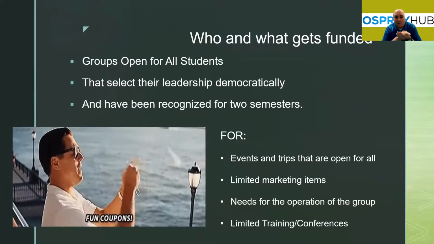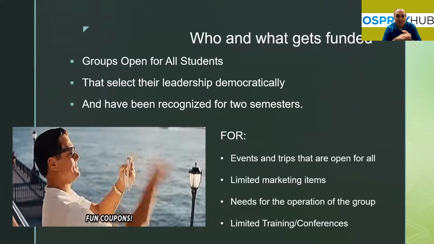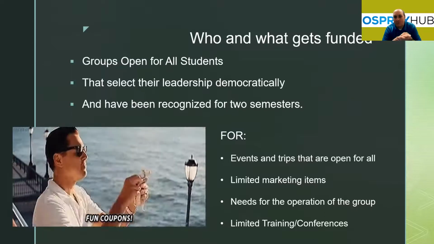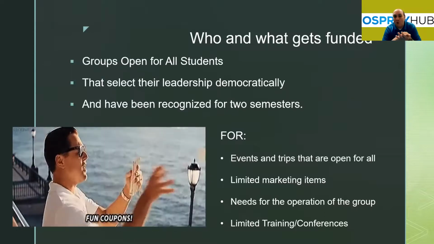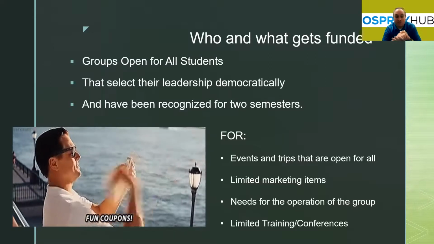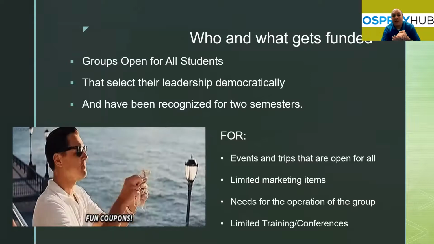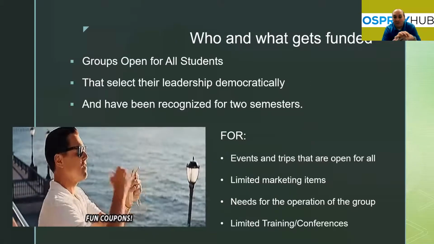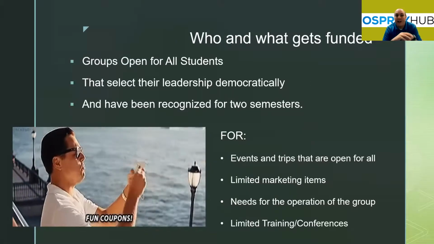Okay, so this is really important, that the only groups, recognized student organizations, that will be funded are groups that are open for all students. What does that mean? That means you don't need to be a Christian to join the Christian Fellowship, and you don't need to be an accounting major to join the Accounting Society, okay?